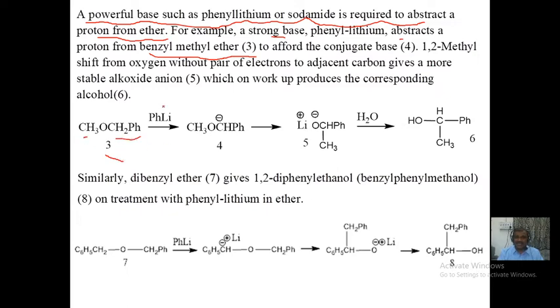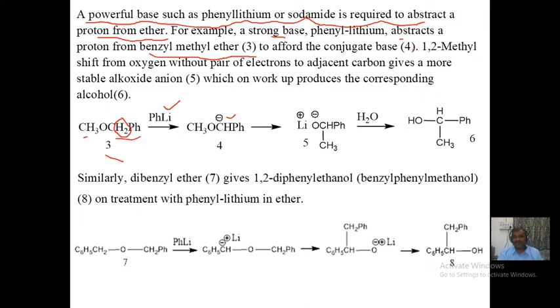In the presence of a strong base, phenyl lithium, one of these hydrogens is lost in the form of a proton. When hydrogen is lost in the form of a proton, that substrate gets the excess electron, because hydrogen gives away the electron, therefore that carbon becomes negatively charged. Structure number 4, right, that offers the conjugate base.